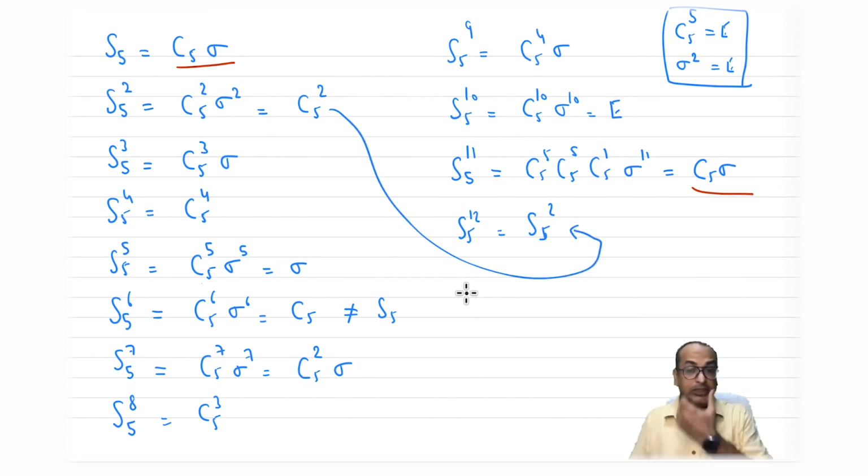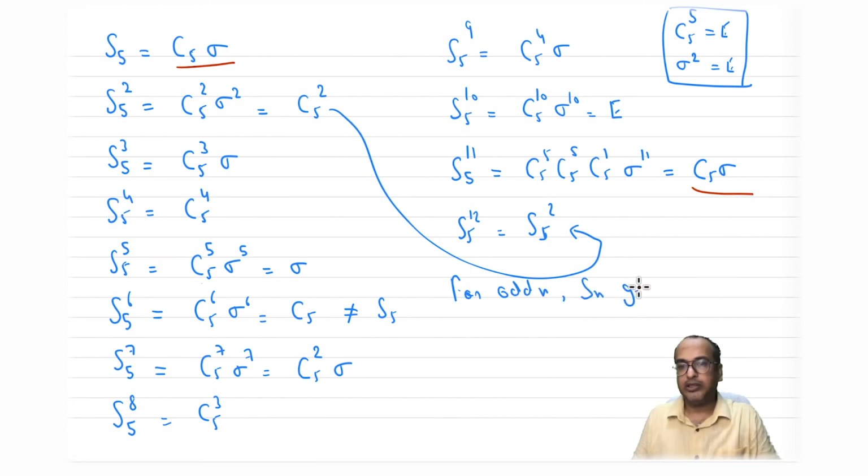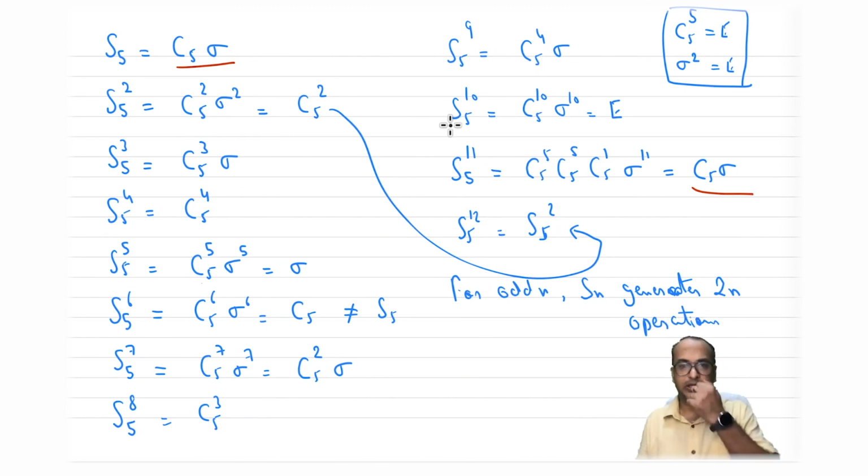So that means for odd n, Sn generates 2n operations, instead of n operations. So we are getting 2n non-redundant operations. 2n plus 1 was the same as S1, 2n plus 2 is the same as n equal to 2, and so on. All right, so this is simple.